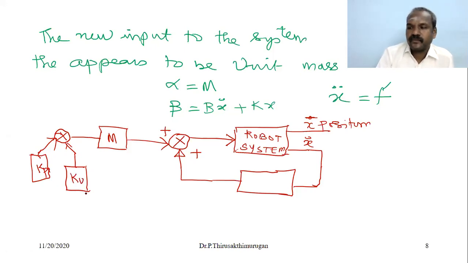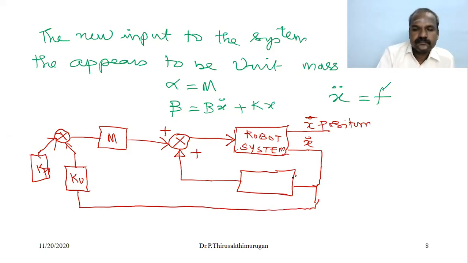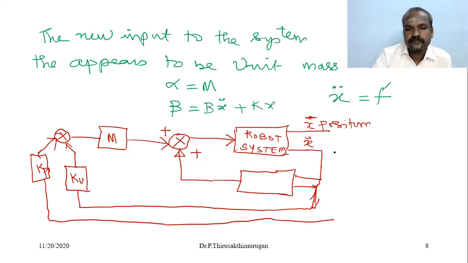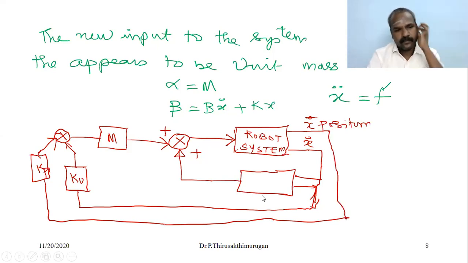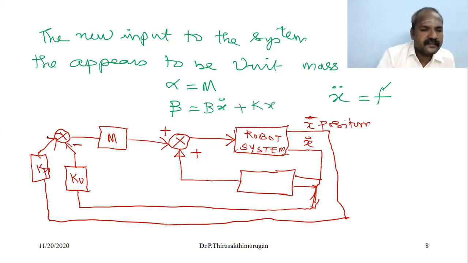So kV comes from the feedback. So this is minus, this is also minus somewhere.